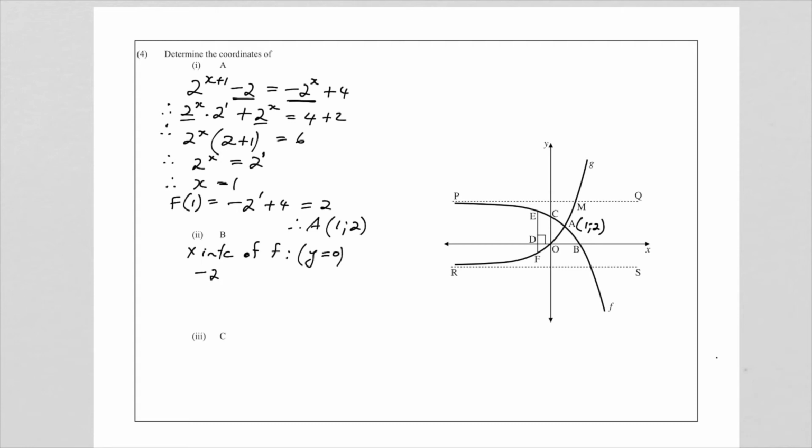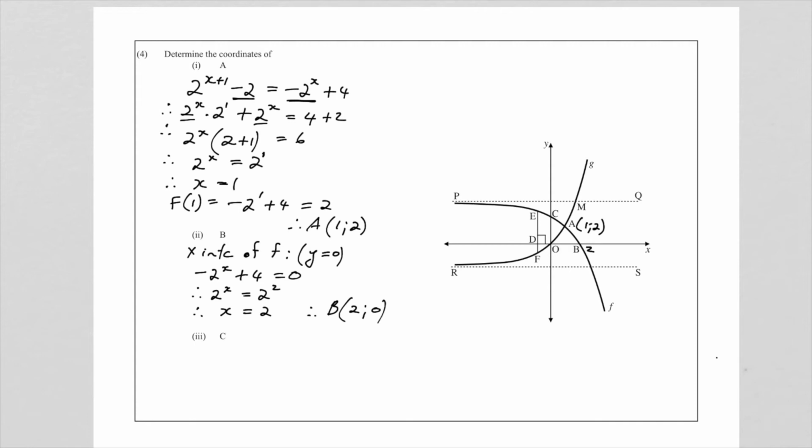So we're going to get minus 2 to the x plus 4 is equal to 0. So that means that 2 to the x is equal to 2 squared, because 4 we can write as 2 squared. And that means that x is equal to 2. So the coordinates of B will be x is 2 and y is 0. So that point on the graph will be at 2. So with that, we calculated the coordinates of B.